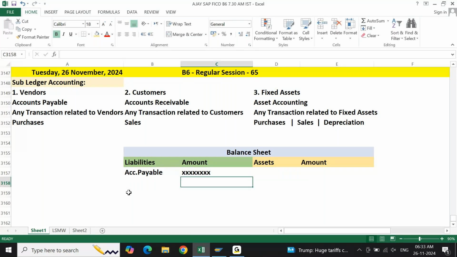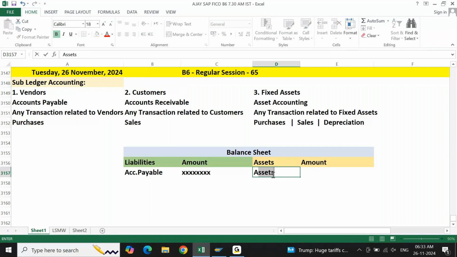Next thing, when you're talking about customer, inside the balance sheet, customer account is part of asset or liability? Asset. This is part of asset. Now, in the asset, do we write customer account or accounts receivable? Accounts receivable. We will write this as accounts receivable.